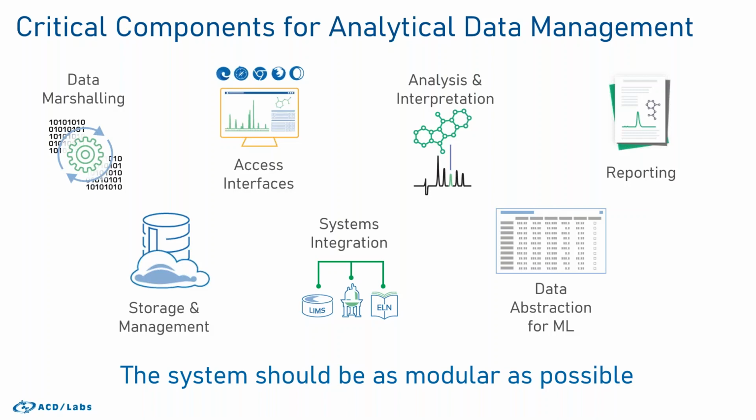Access interfaces. Again, this is driven by the levels of interactivity that the end users require. Does the system require analysis and interpretation of that analytical data? Does it need to have processing involved? As well as the idea of being able to report the analytical results, right?